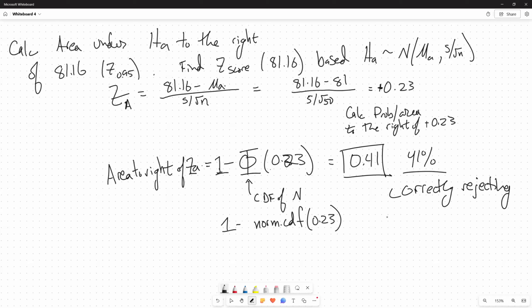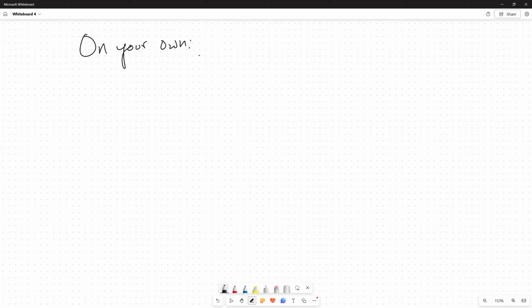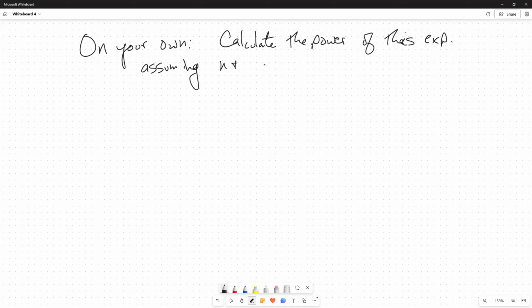What I want you all to do on your own is the following. I want you to calculate the power of the same test, or this experiment, assuming that N and S are the same, but that the effect size increases.